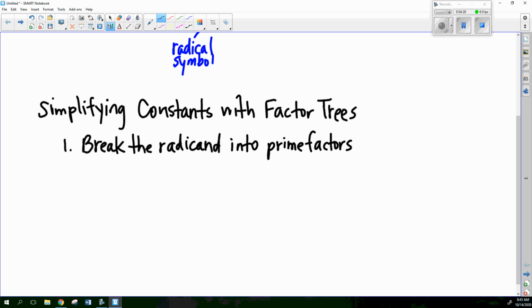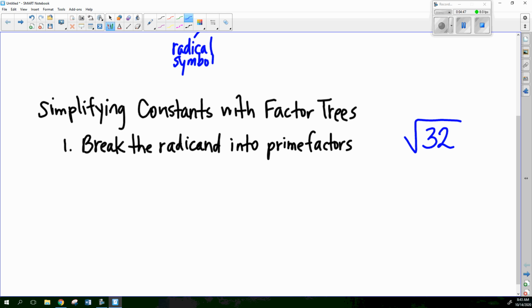Okay, so I'm going to have a running example here. All right, so we'll start with something basic like the square root of 32. Okay, now the reason we need to be able to do this is because 32 is not a perfect square. But you're also not going to be giving me decimal answers. Okay? And so that's why we have to learn how to simplify these things.